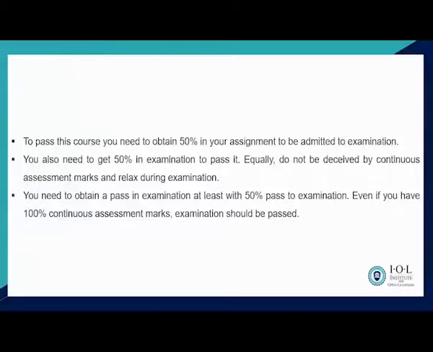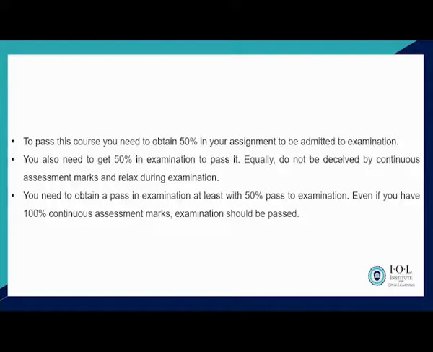And you normally find at your exam script written sub-minimum not achieved. So what it means is that you can get 100% CA, but still you need to pass examination, which will enable you to pass the course, because some people are deceived by the CA.